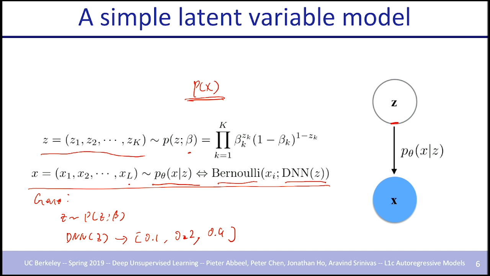Let's say L is 3. This set of parameters I can use to generate X. So now I generate X from P of X given Z, and really this is just a Bernoulli distribution parameterized by those probabilities. Let's say I sample 0, 0, 1, the most likely outcome. So now we have a probability distribution, and we know how to sample from it.